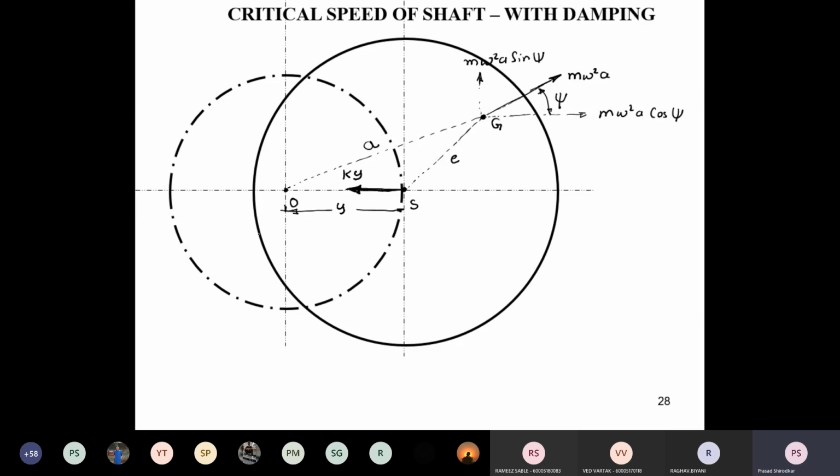So this is spring force Ky. Now if you look at this disc from the top, the point S is rotating about O with angular velocity omega. So now we have taken a particular instance of time that is shown on the screen. The shaft is continuously moving, but we have frozen and taken a snapshot for a particular instance of time.